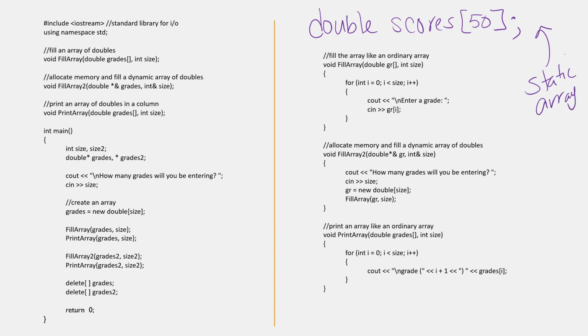You can declare it anywhere in any of your functions, but in this case, we would just declare it right here in our main function where you declare your variables. This is what would be called a static array. You know how many scores you're going to have, and along with your static array, you would put a count, like an S count, or I can just put a count here.